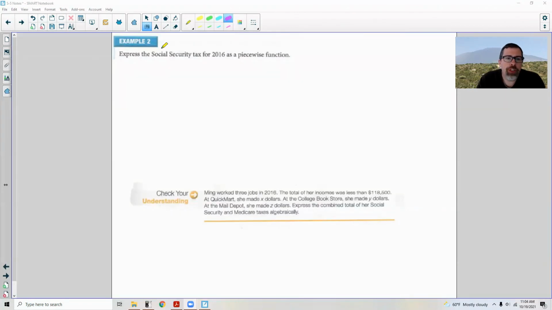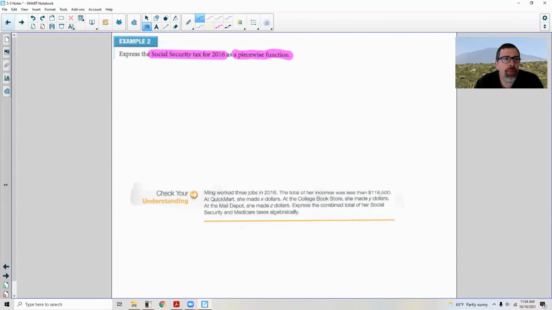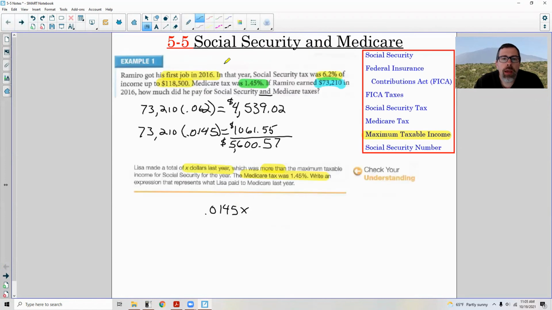Okay, example 2 says to express Social Security tax for 2016 as a piecewise function. So I'm going to go back to here. Social Security is 6.2% of income up to $118,500.